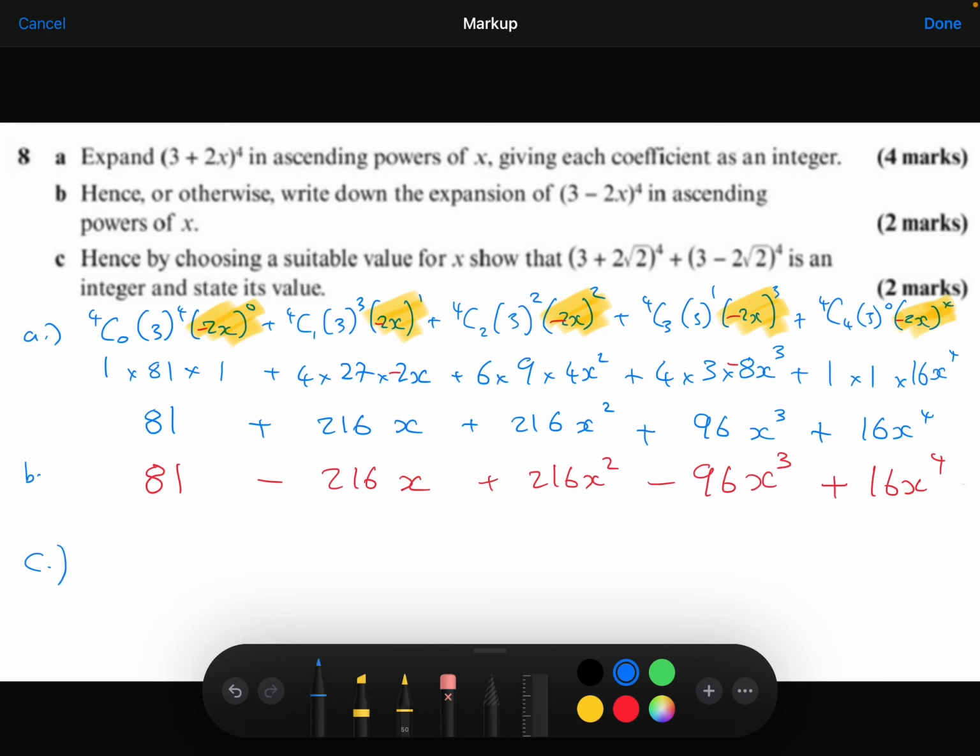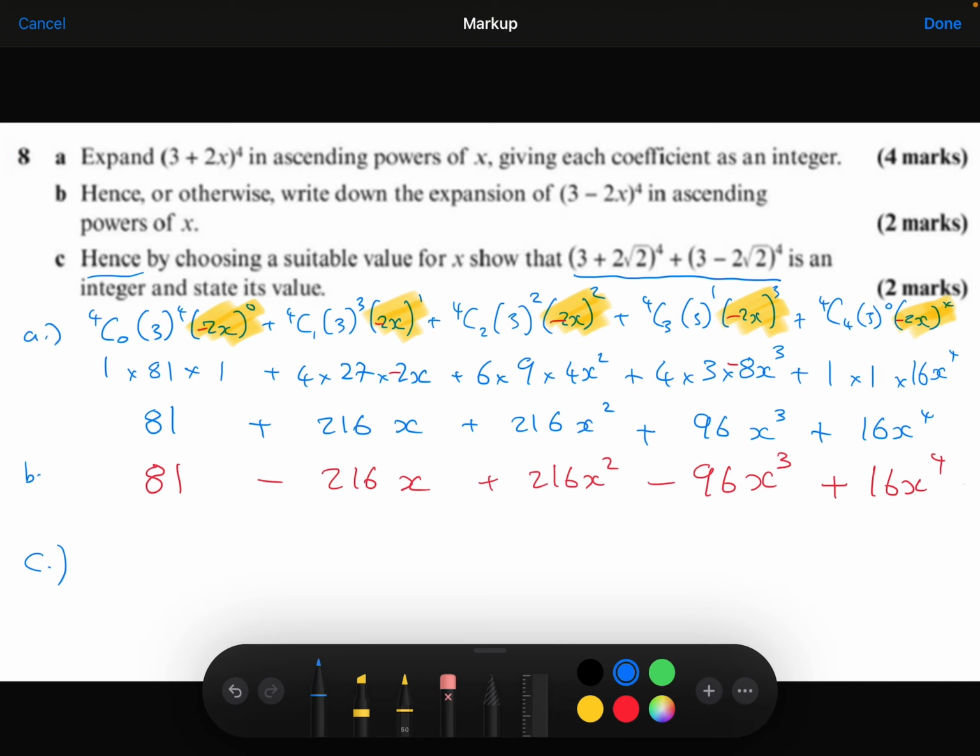Part C, hence, choosing a suitable value for x, show that (3 + 2√2)^4 + (3 - 2√2)^4 is an integer, and state its value. Okay, it says hence. So what's this got to do with what I've just done?